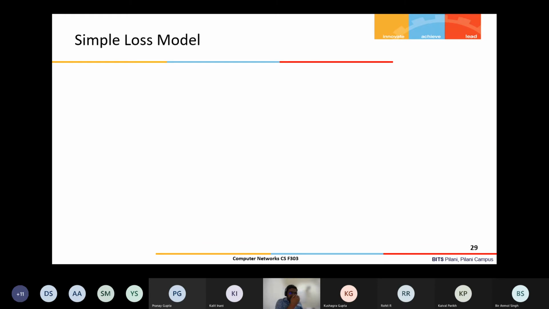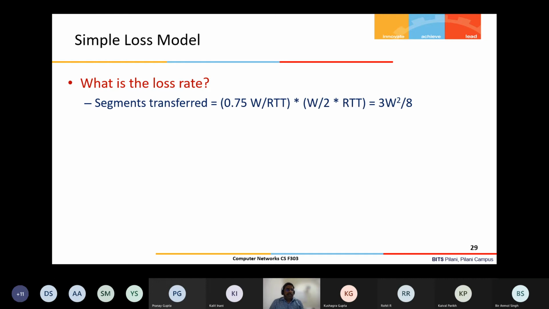Now let's try to incorporate the loss model. First we need to calculate the loss rate. You know that my TCP congestion window is oscillating between W by 2 and W. When it goes from W by 2 to W, how much time does it take? We know that it takes W by 2 RTT. And in this time, how many segments are transferred?